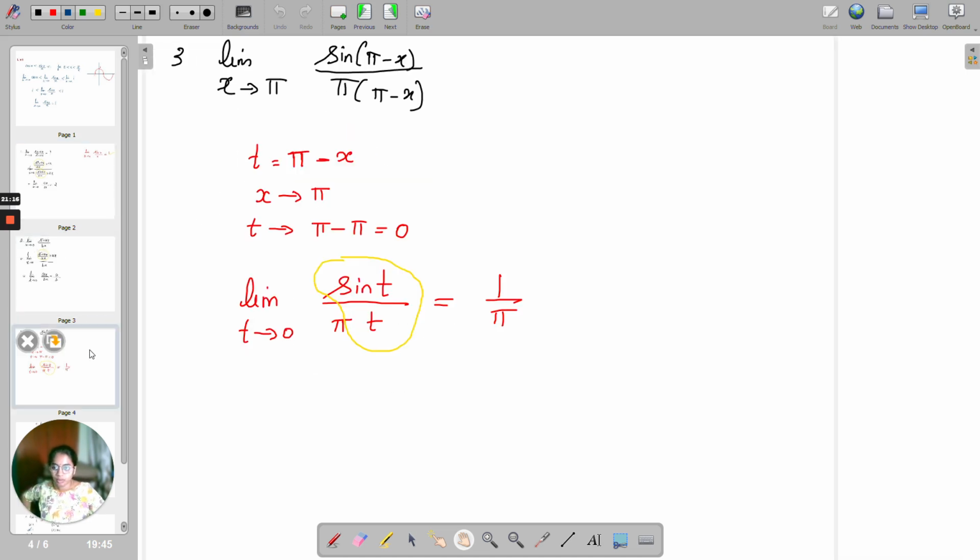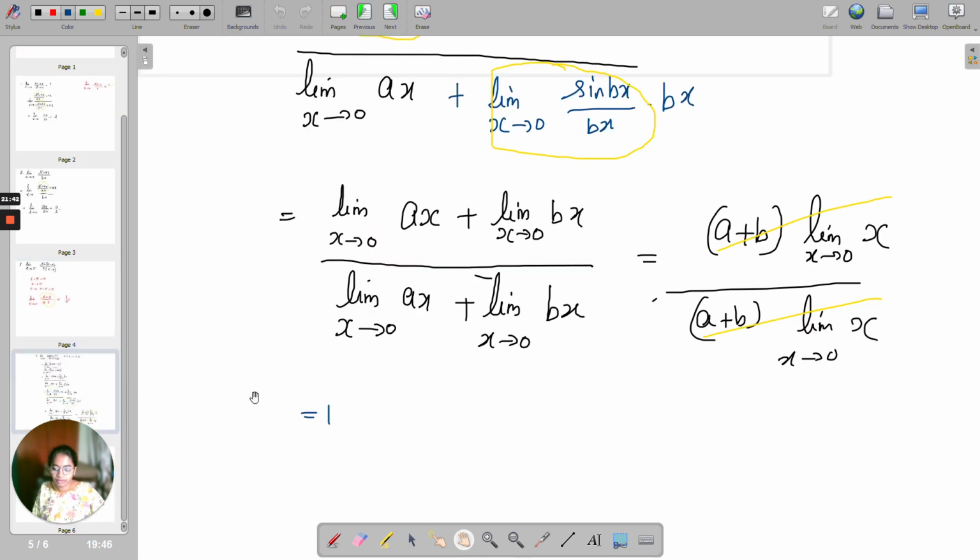What if they have given x tends to some other term other than 0? You use substitution method, try and make it to 0, make sure that t tends to 0, then you reduce it to that form, that is sin x divided by x, substitute it as 1, and then you would arrive at the answer.